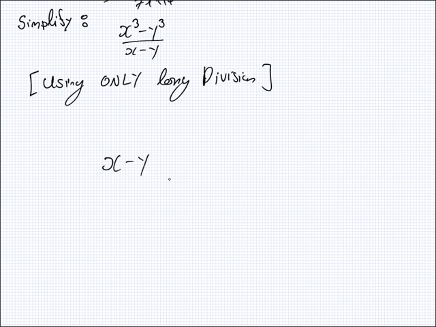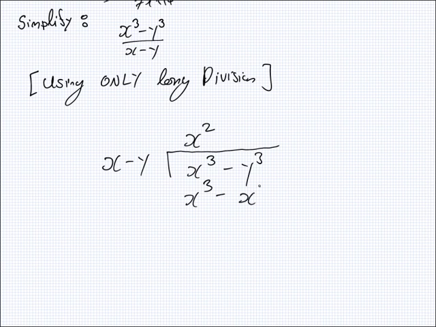Let's have a look now. This one's a bit tricky. Guys, look up. X minus y divided into x cubed minus y cubed. Okay, it starts off okay, right? So it's the first one. X squared. And this will give us x cubed minus x squared y. Then we subtract.